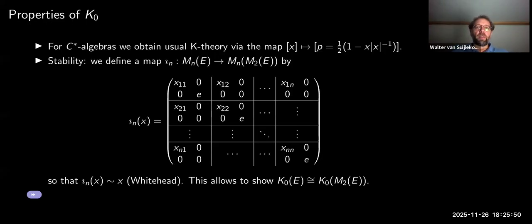The other nice property that we should have is stability. So for that, what we do is we take the following map, which is a map from the n by n matrices over E to the n times 2 by n times 2, so with entries in the 2 by 2 matrices over E. And what we do is somewhat awkward maybe if you look at it at first sight.